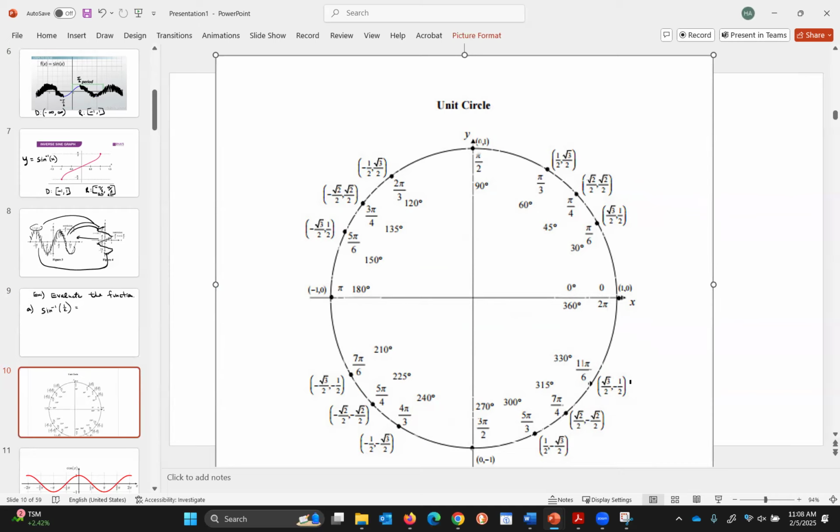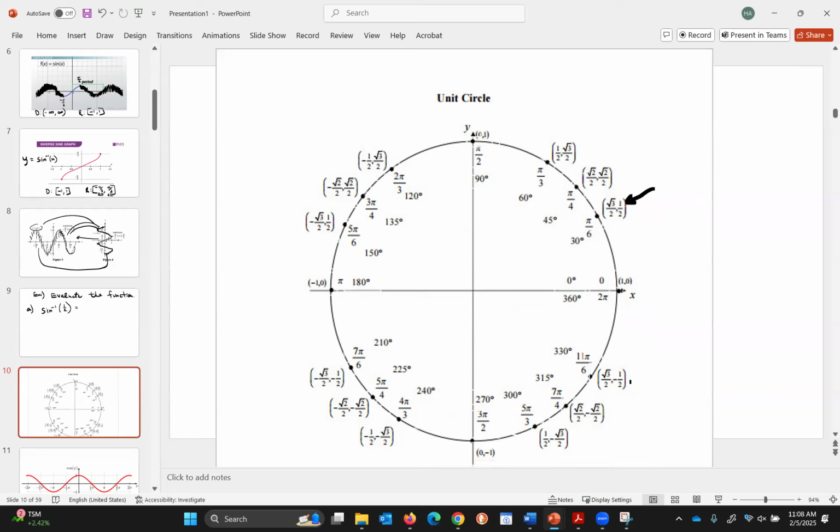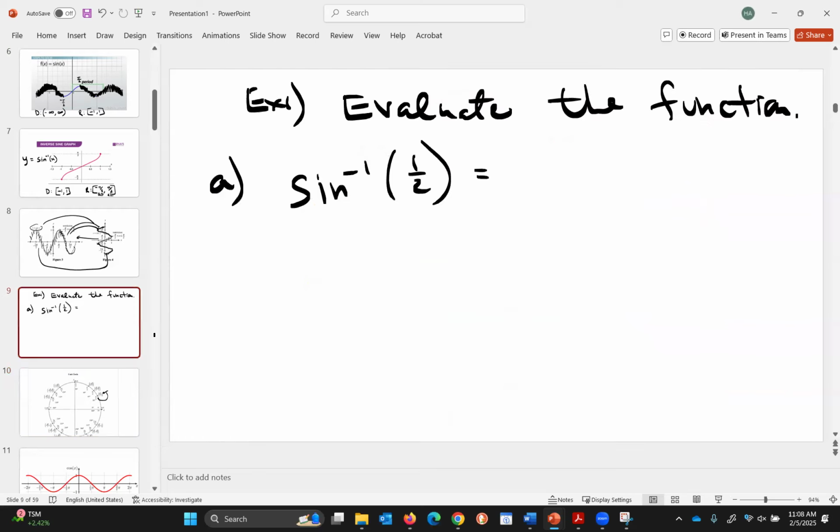It's right here. Notice the y value is 1/2, and the angle is pi over 6. On the homework it does have to specify radians or degrees, because sometimes it will ask you in degrees. Here I'm asking you in radians, so pi over 6. Are we good?